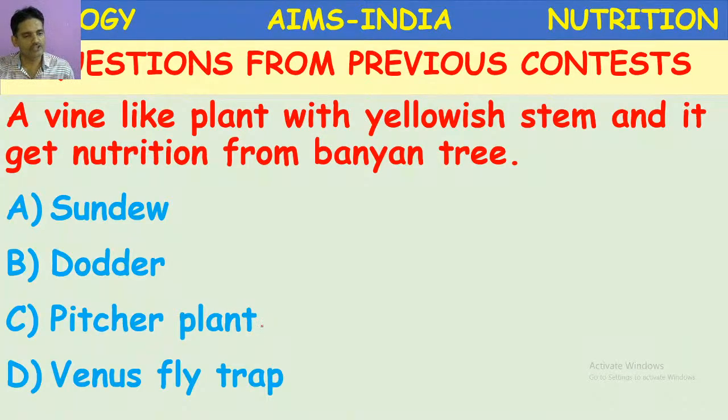Pitcher plant is also an insectivorous plant. Venus flytrap is also an insectivorous plant. So here, dodder, it is also called Cuscuta. It is the yellowish stemmed plant which grows on banyan tree and undergoes which type of nutrition here? Parasitic nutrition.